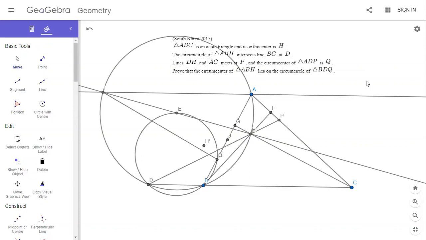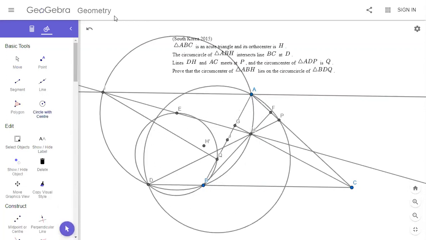All right. So we want to show that Q is the circumcenter of APD. Can we at least show Q is equidistant from some of those 2 points?